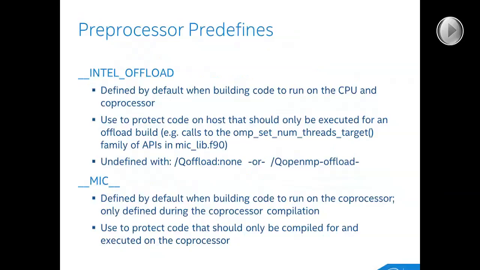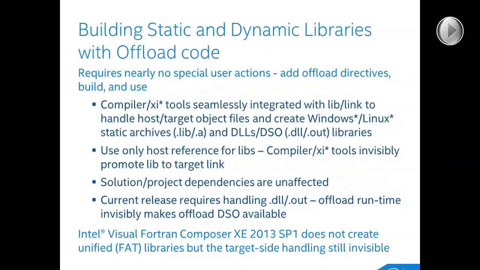The example here in the foil is a call that you want to protect and only execute on the host side. The other define that is created is a double underscore MIC double underscore. This is defined only during the target compilation. And the example here is that you might use this to protect code that's only intended for execution on the coprocessor.